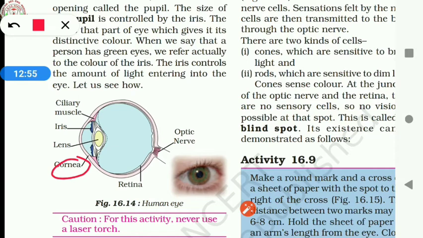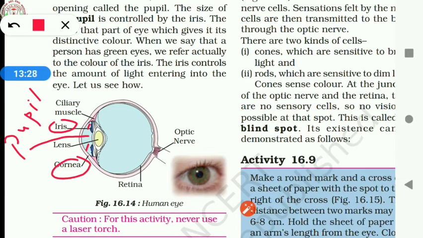Behind the cornea, we find a dark muscular structure called the iris. In this iris, there is a small opening that is called the pupil, and it is controlled by the iris.